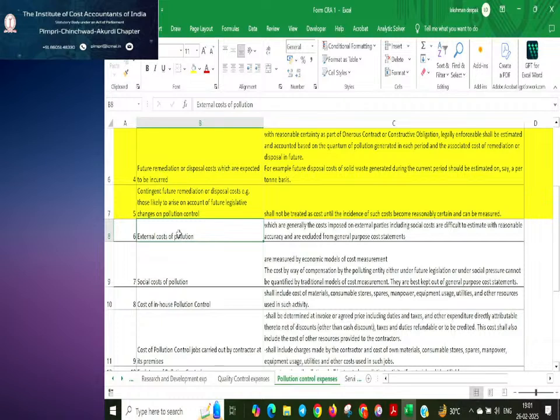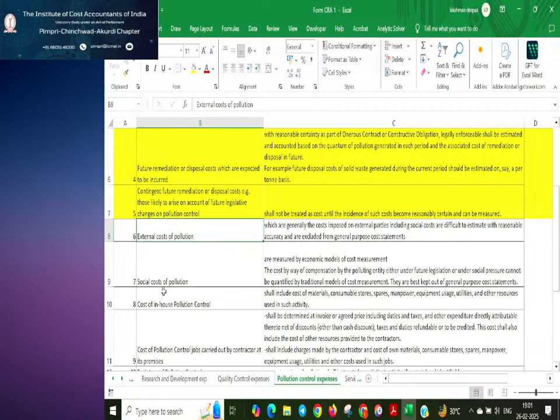External cost of pollution, which are generally the cost imposed on external parties, including social cost, are difficult to estimate with reasonable accuracy and are excluded from the general purpose cost statement. Social cost is the cost that the society is going to go through for the pollution that you have made. That cannot actually be quantified and cannot be included in the cost statement.